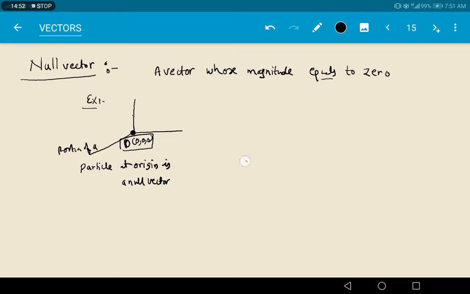Now let us take one more example. If an object is thrown vertically upwards with an initial velocity u, after reaching the highest point, its final velocity is 0.